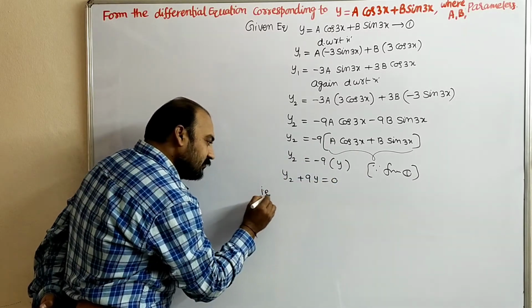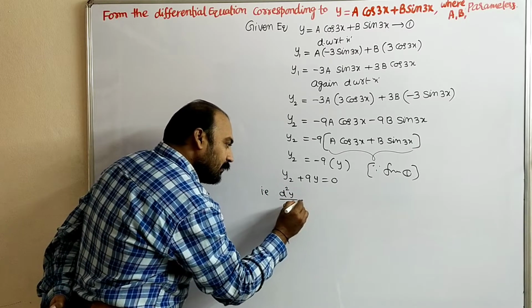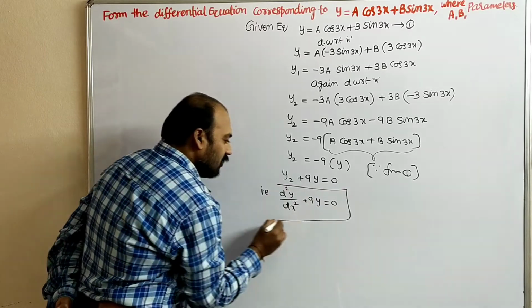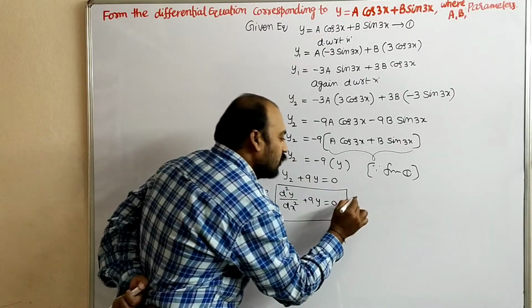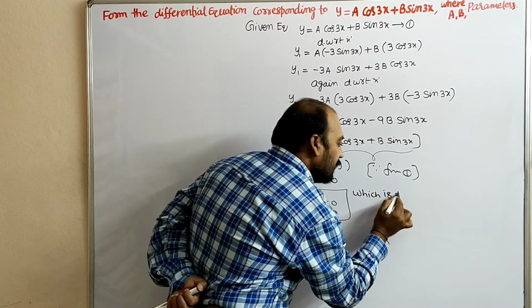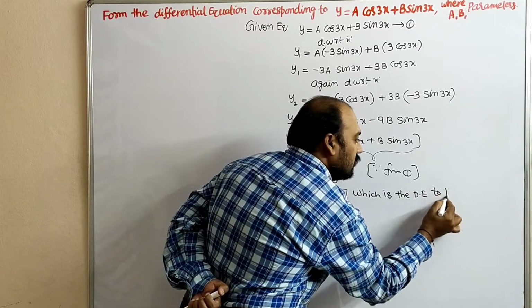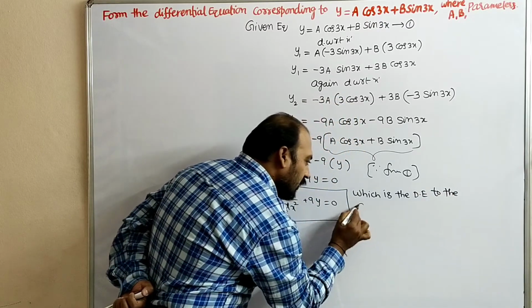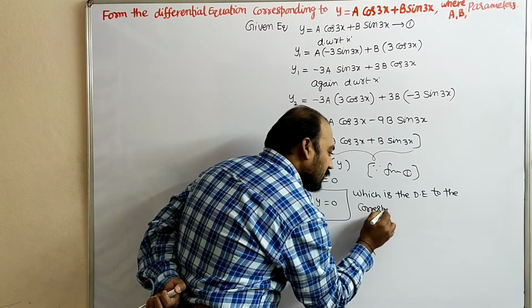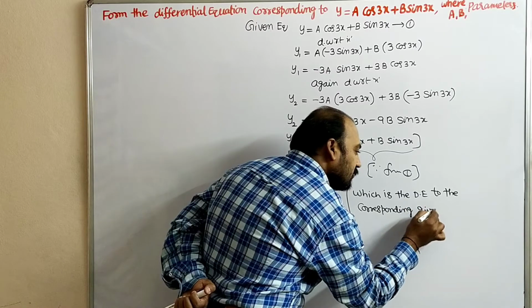That is d square y by dx square plus 9 into y equal to 0, which is the required differential equation corresponding to the given equation.